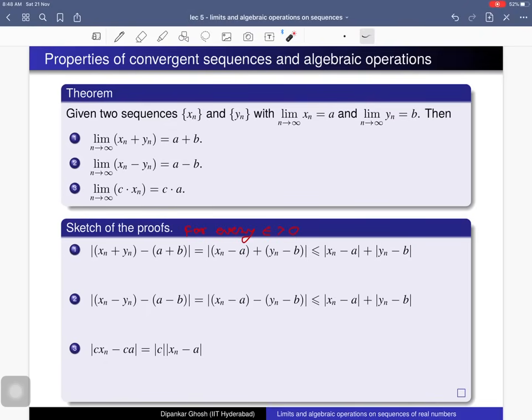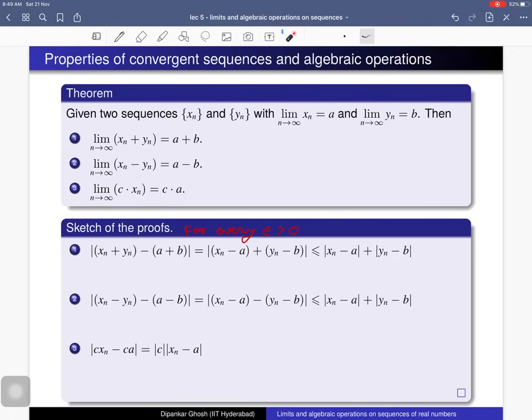So we can use the fact that as n gets larger and larger, this difference is getting closer and closer to 0, and the same thing holds true for this difference also. Since this difference is less than or equal to the sum of these two differences, we can prove that this difference is getting closer and closer to 0 as n gets larger and larger.